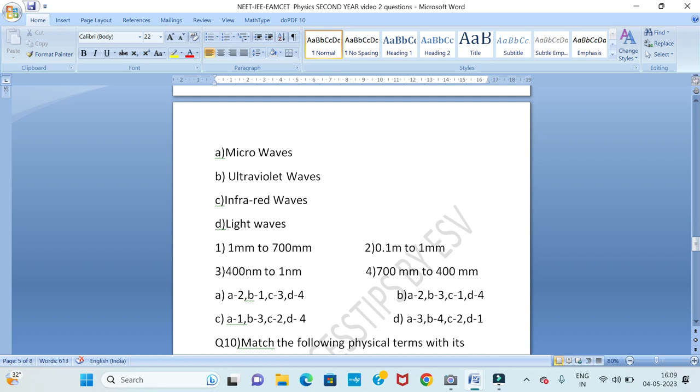Infrared means infrared C1, 1 mm to 700. Infrared waves 1 mm to 700 mm. So total 1 plus 7 is 8. Infrared has 8 letters.